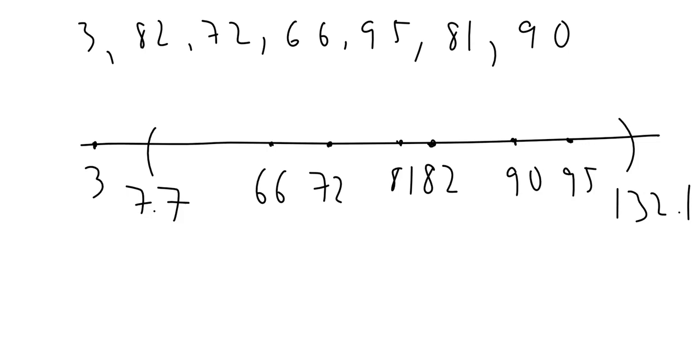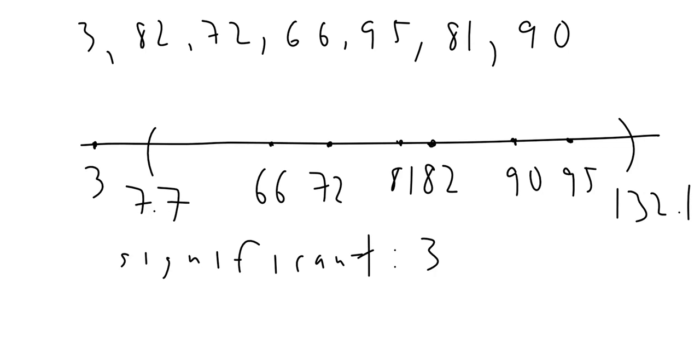The range of non-significant values is inside those parentheses, and anybody who's outside the parentheses is significant. Anybody who's inside the parentheses is non-significant. The only data point that's outside the parentheses is 3, which is less than 7.7. So 3 is significant. If there were a point bigger than 132.1, that would be significant also, but there isn't any.